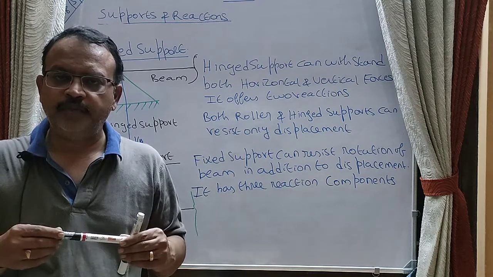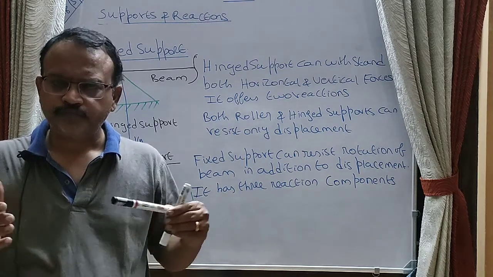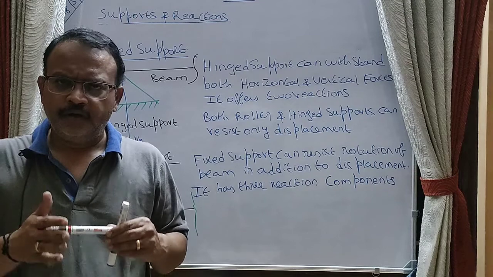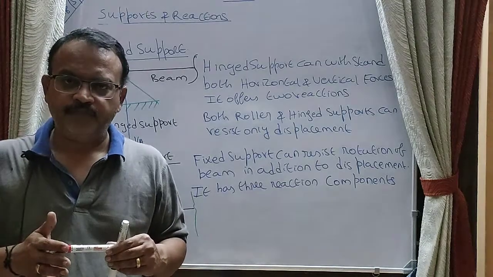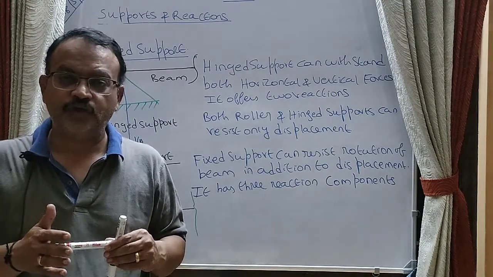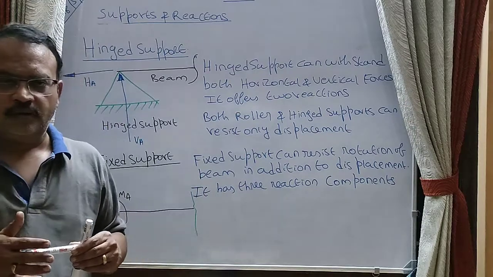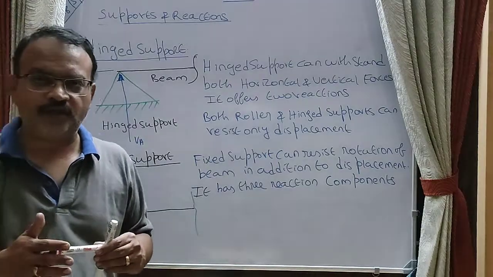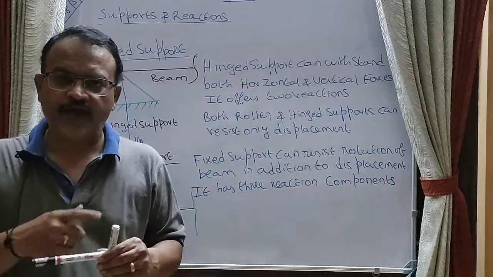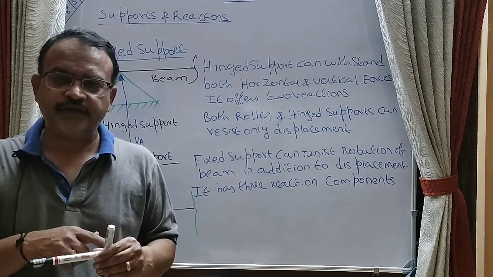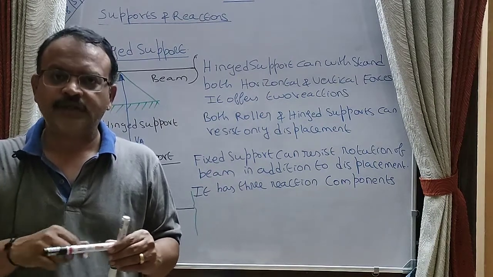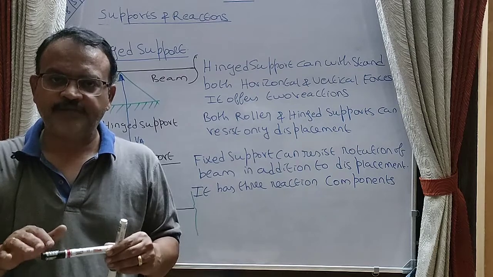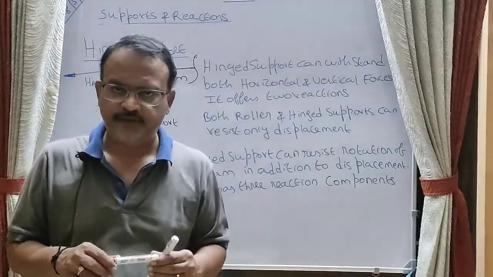So the hinged support resists the displacement of the beam, and it does not offer resistance to the rotation of the beam. Whereas a fixed support has three reaction components: a vertical reaction, a horizontal reaction, and a rotational reaction. So this prevents the beam from displacement as well as from rotation.